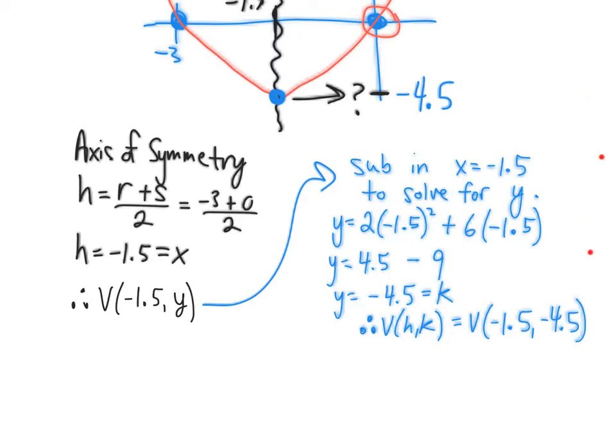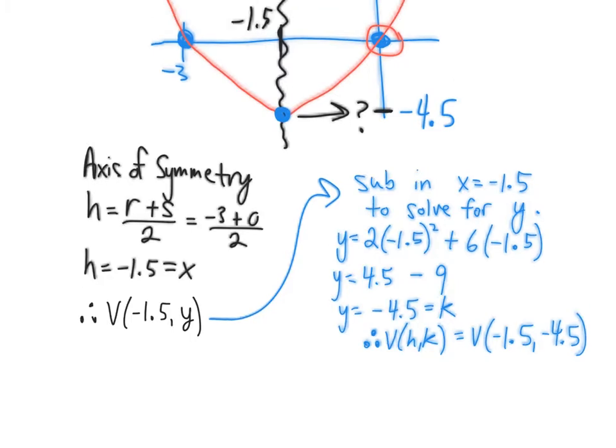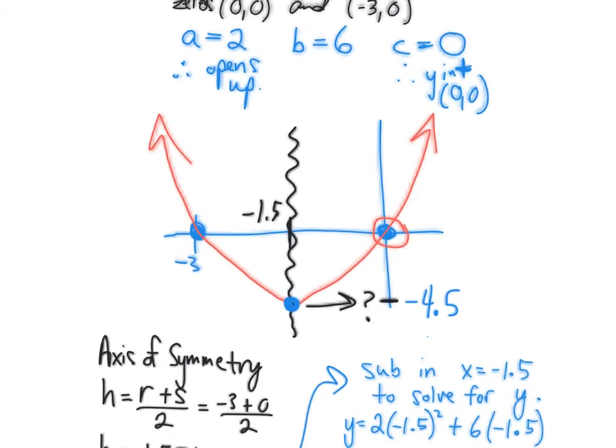And when we go back to our graph, and we plot the axis of symmetry, which is the mirror down the middle of this parabola, at -1.5, and by calculating the y value, we determine that the y coordinate is -4.5, so altogether our vertex is in the middle of these two branches at the lowest point.